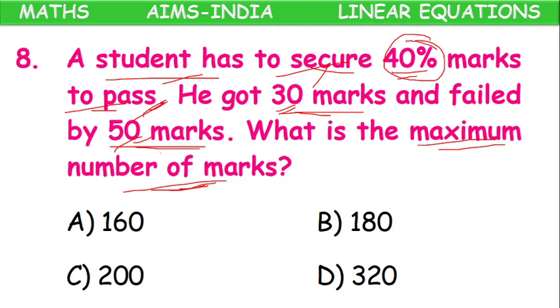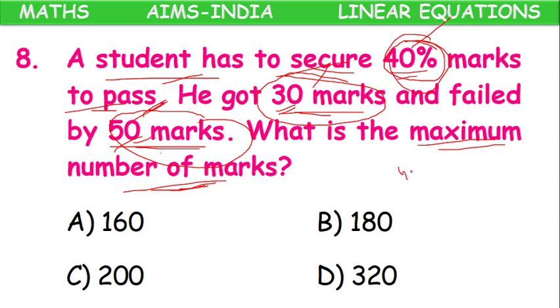Because pass mark is 40%. How many did he secure? 30 marks. Failed by how many marks? 50 marks. Means this 30 plus 50, together 80 marks, will be considered as 40%.